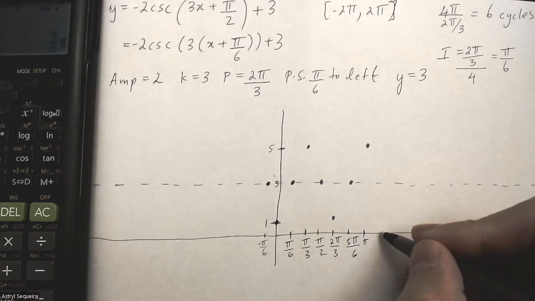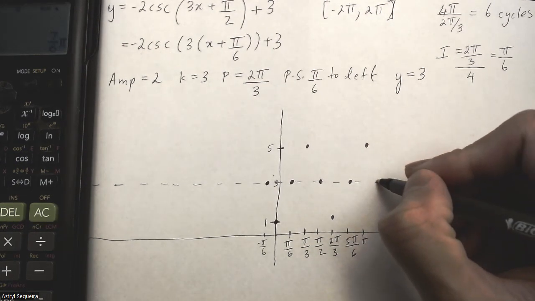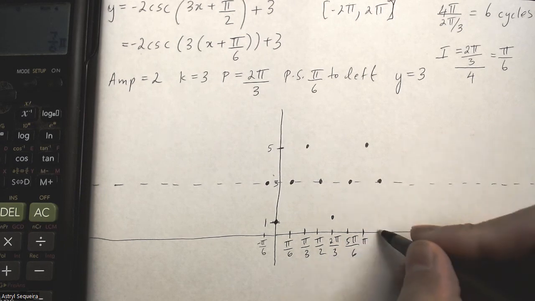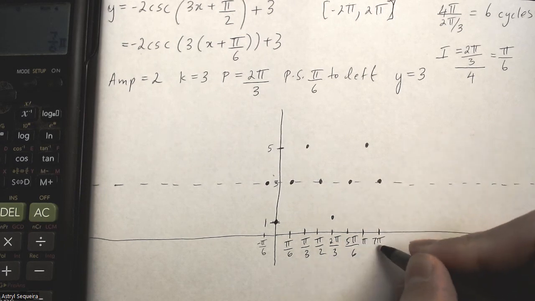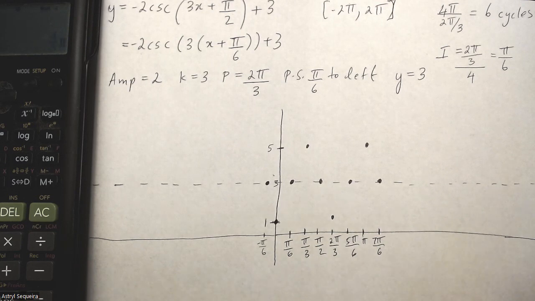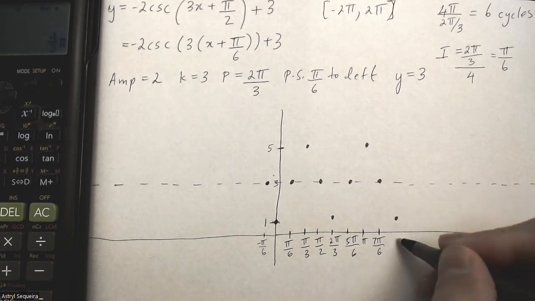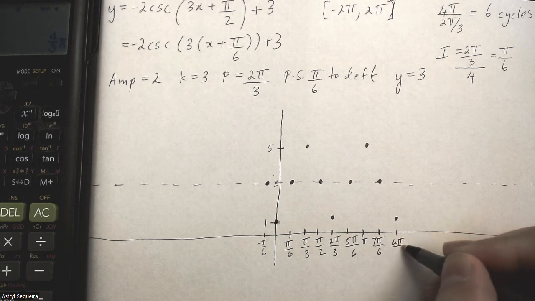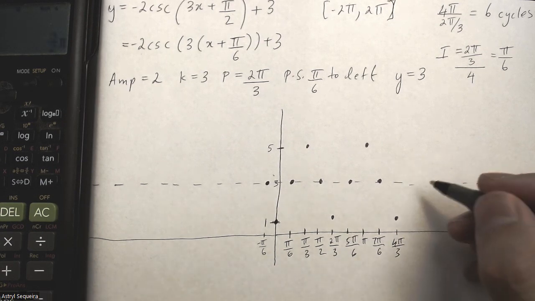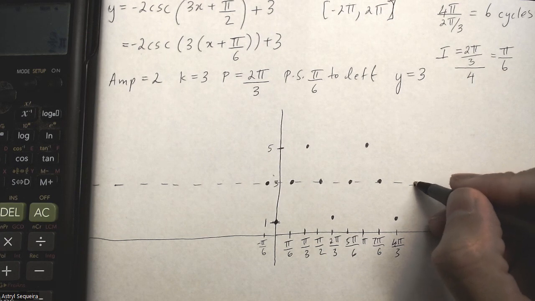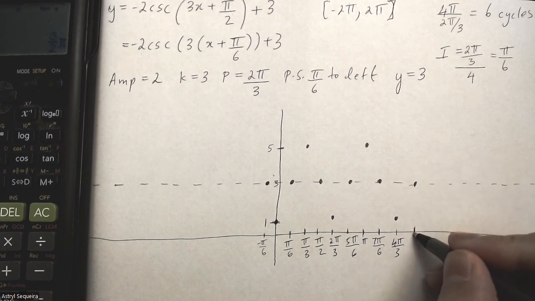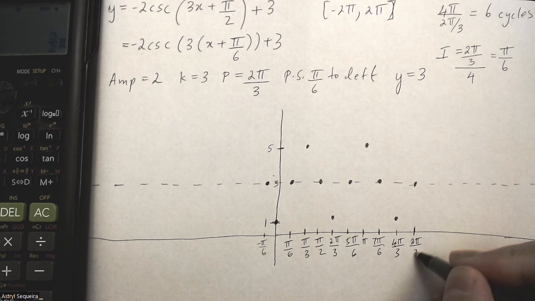Next one is 7 pi over 6. Next one is 4 pi over 3. Next one is 3 pi over 2.